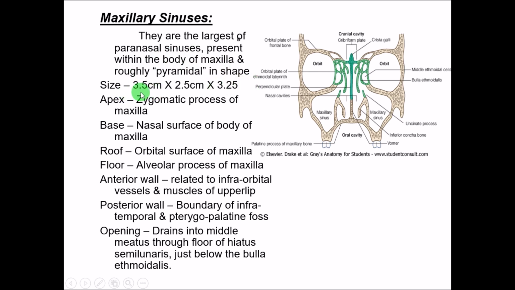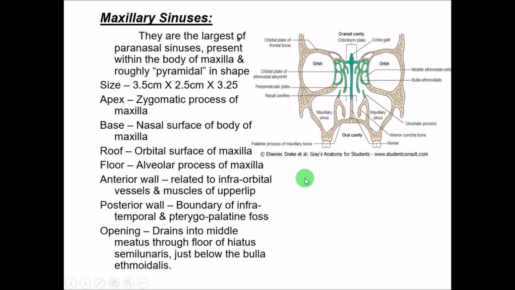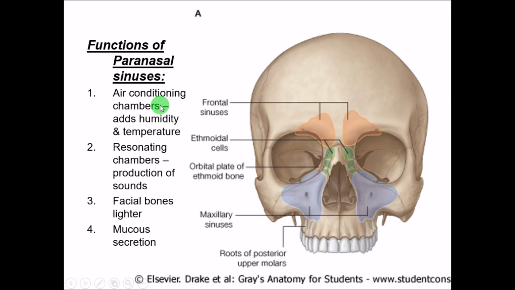The size is almost 3.5 centimeters into 2.5 centimeters into 3.25 centimeters, length, breadth, as well as width. As you know, the maxillary air sinus is triangular or pyramidal in shape, as you saw. It has an apex as well as a base. The apex is directed towards the zygomatic process of the maxilla.